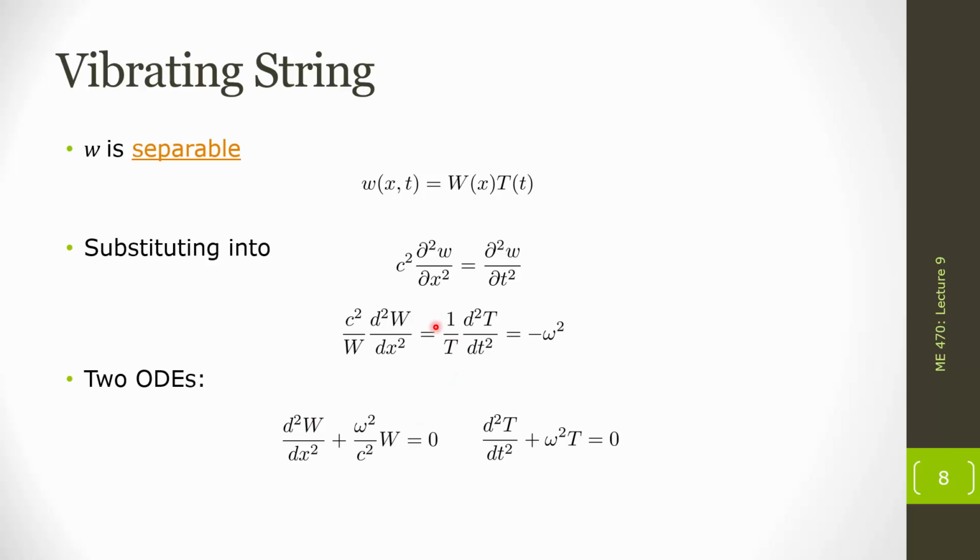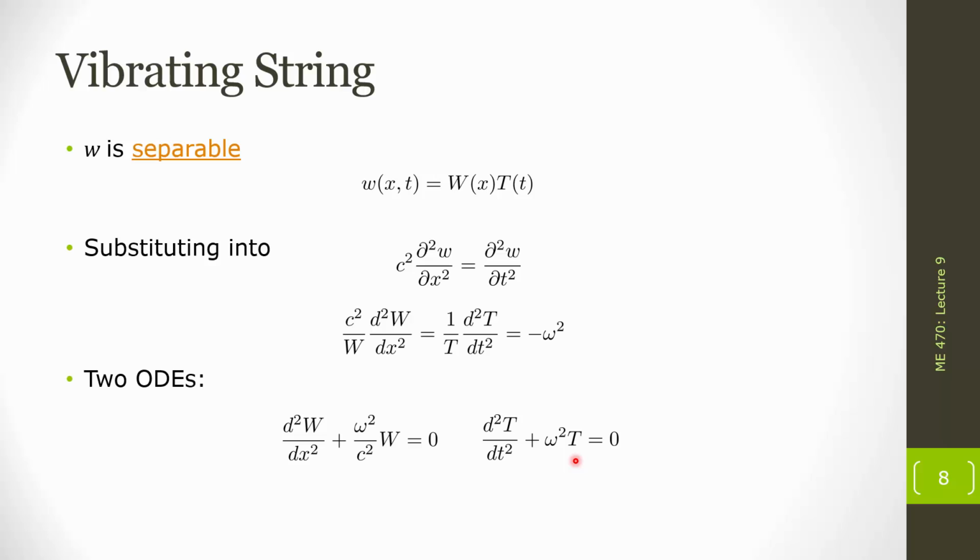Now, if I just look at this section with the T's, big T and little t equal to my negative omega squared, I can take this ordinary differential equation and I can write it by itself. And I get this second ordinary differential equation that has only functions of time in it.